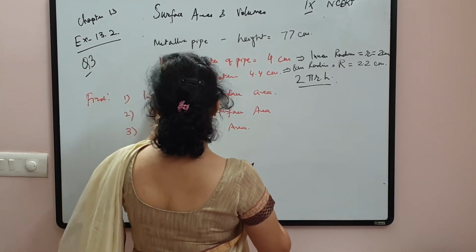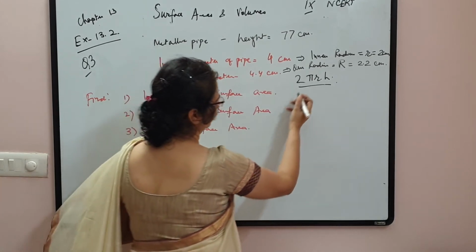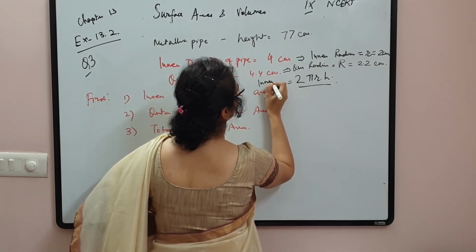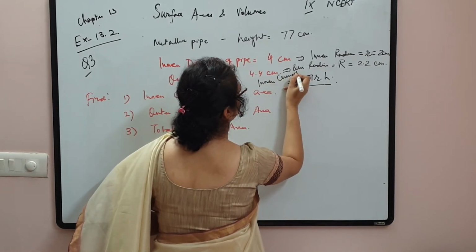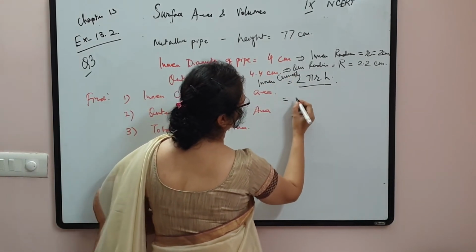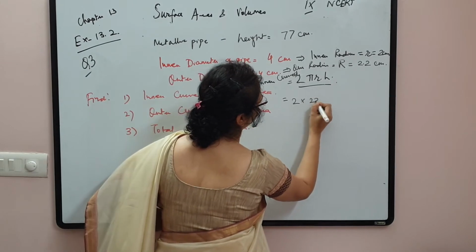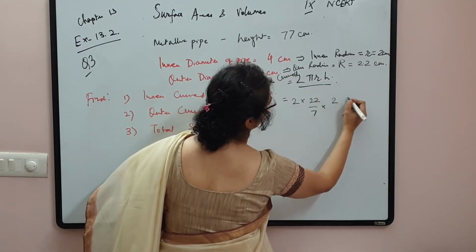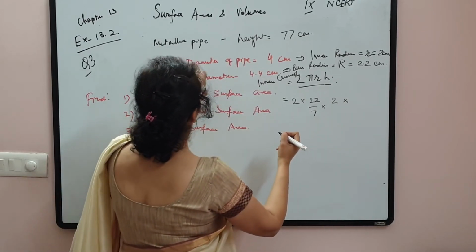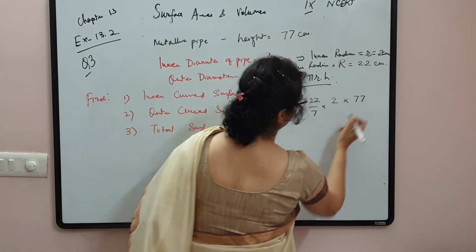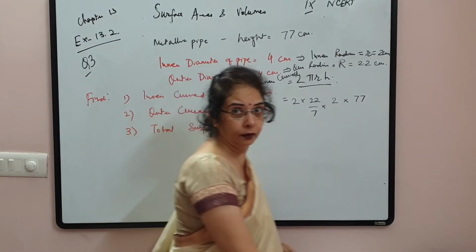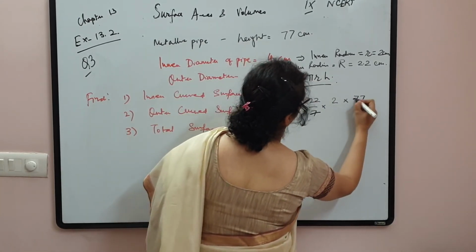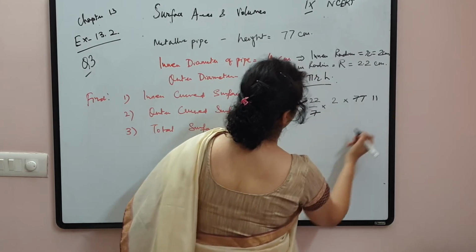Now we are first calculating the inner curved surface area. So 2 pi r h is the formula for inner curved surface area. Let us calculate 2 into 22 by 7 into what is the inner radius? 2 centimeters. And what is the height? 77 centimeters. Right? Let us calculate 7 into 11 is 77.